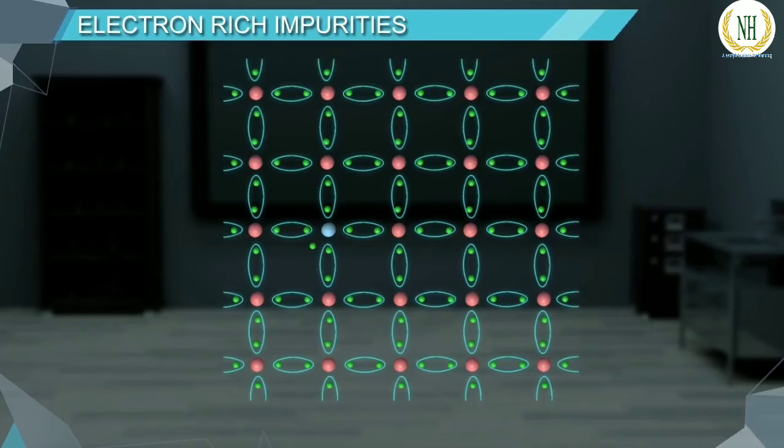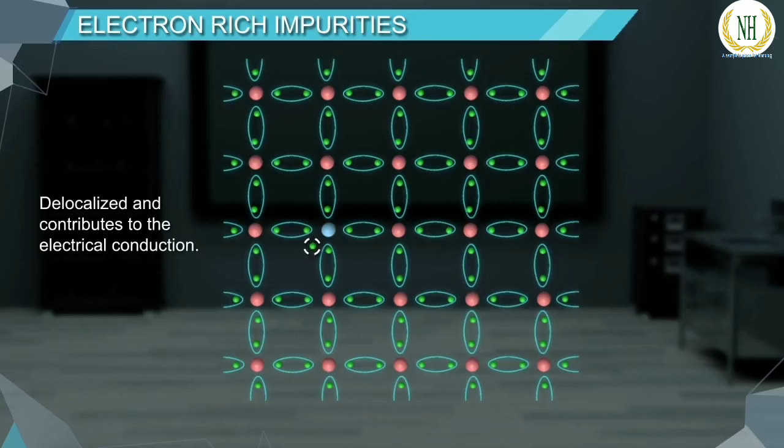The group 15 elements have 5 valence electrons. After forming the 4 covalent bonds with silicon, 1 excess electron is left on them. Since this electron is not involved in bonding, it becomes delocalized and contributes to the electrical conduction.